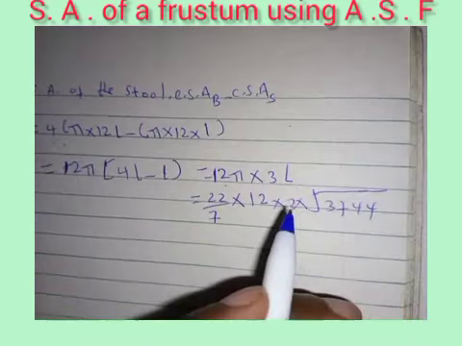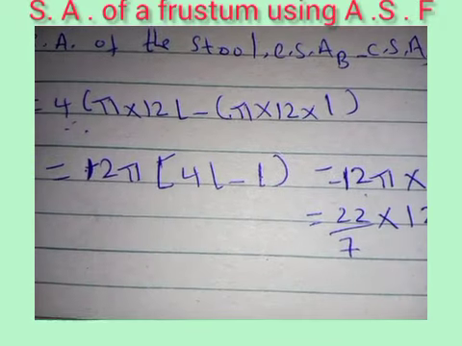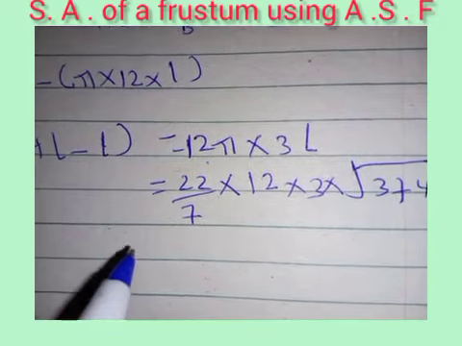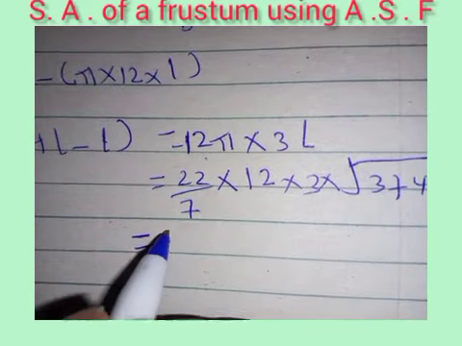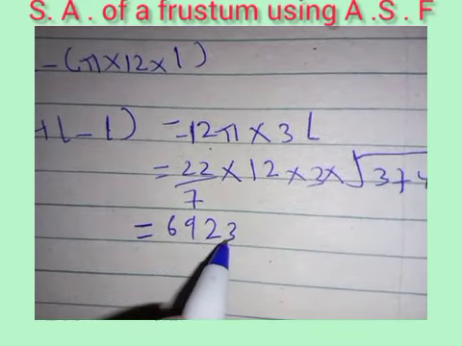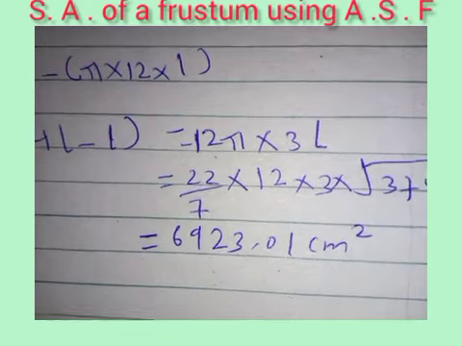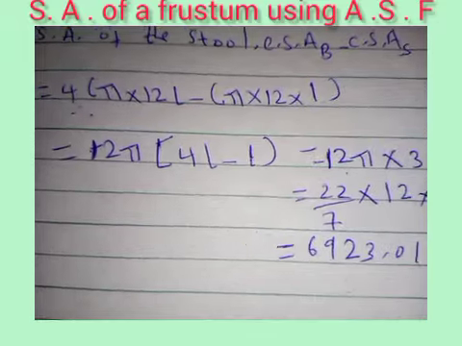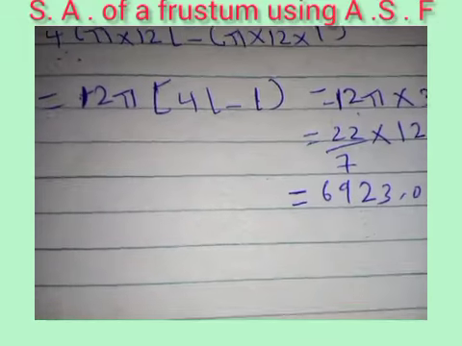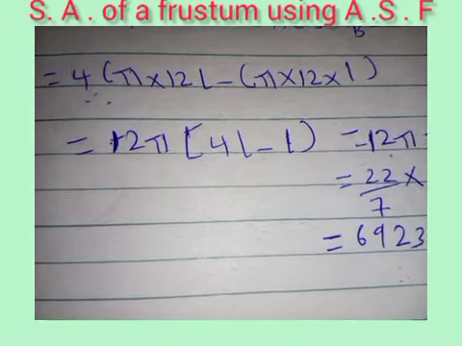That is what we found as our L. When you simplify this, it is going to give you 6923.01 square centimeter, to 2 decimal places.